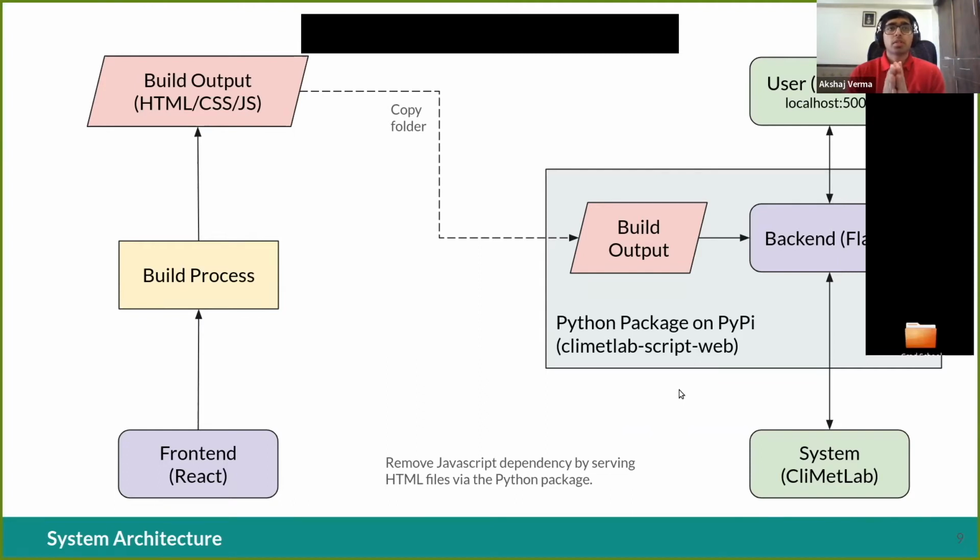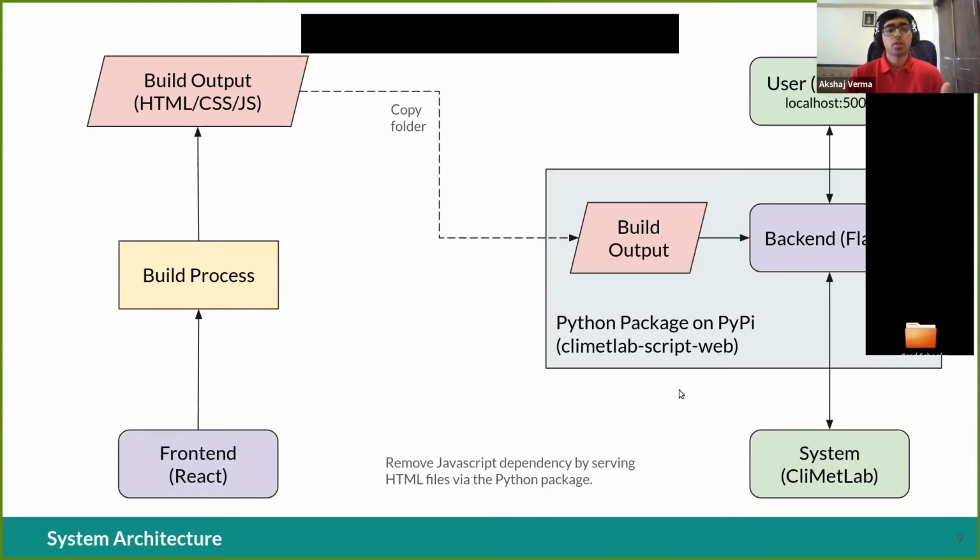So how it works is on the left, we use React along with TypeScript to develop this app. We use Tailwind to style it and make reusable components out of style components. After developing the app, we create a build output, which consists of all the HTML, CSS, and JavaScript, and copy that into the CliMetLab script web's root, which is then served by Flask.